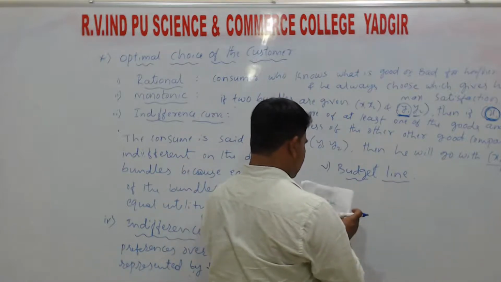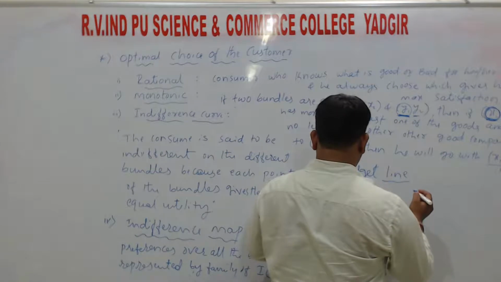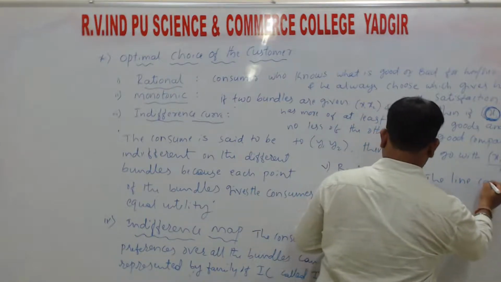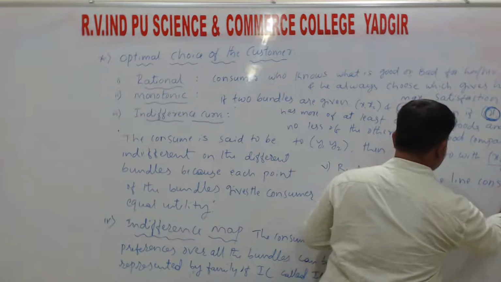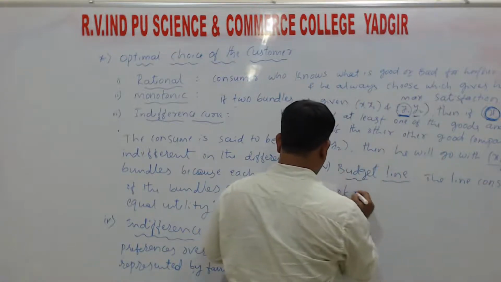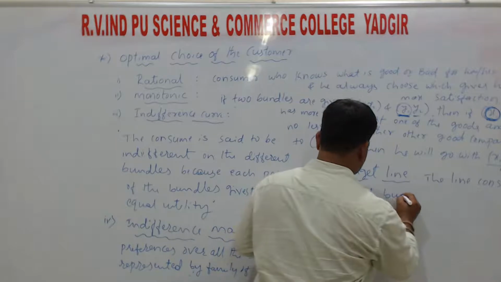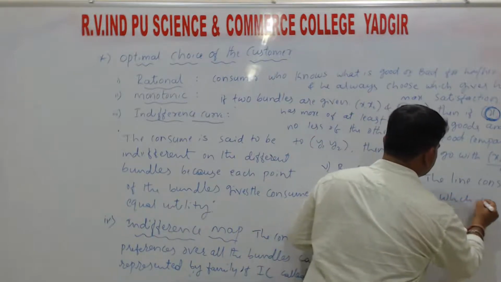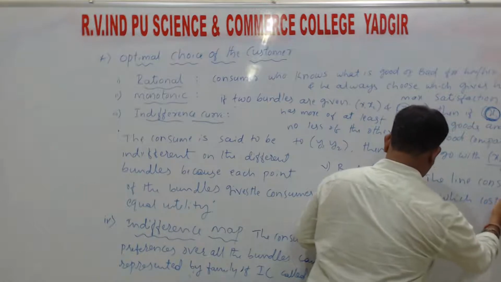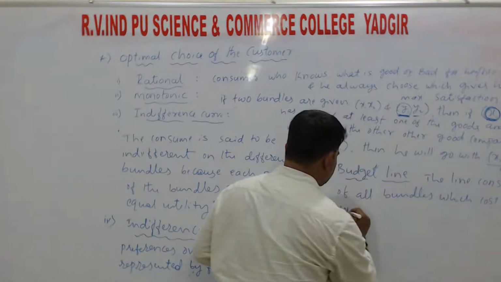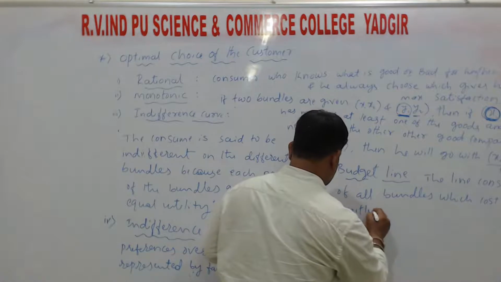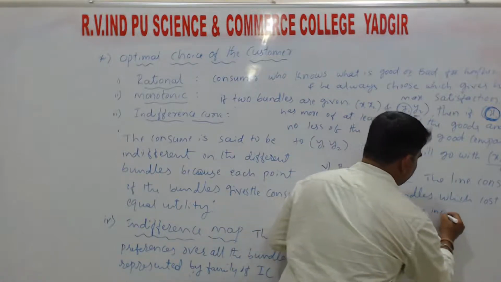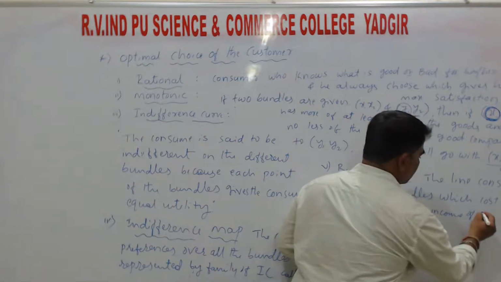I'll use the same words here: the line consists of all bundles which cost exactly equal to the income of the consumer.